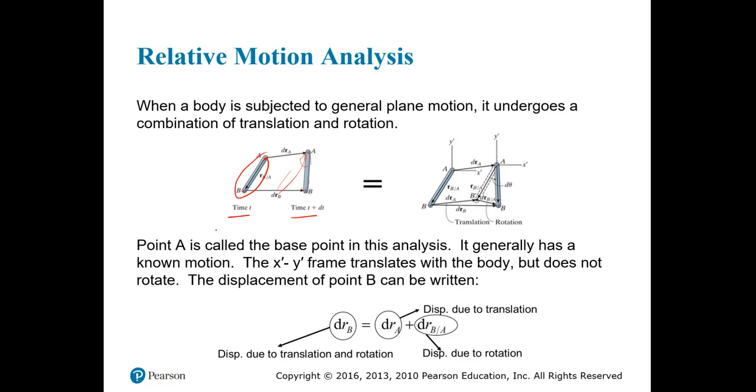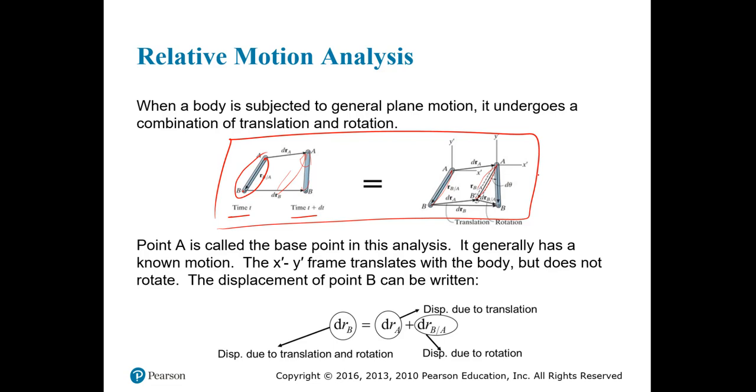That's what this image is telling you. We go from here into this and we try to study this movement as a combination of two, one that involves pure translation and another one that involves rotation. As you can see here, for example, the movement can be divided into this step, where it translates up to this point, and then finally it rotates to point B.